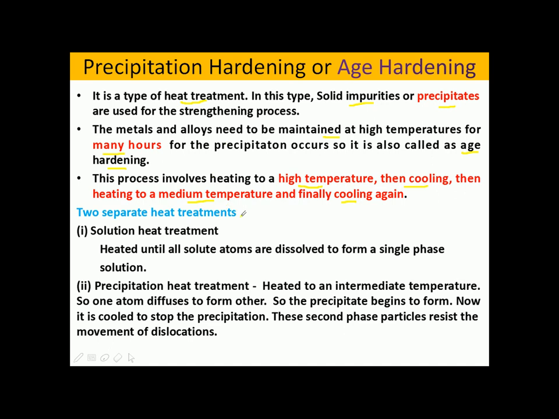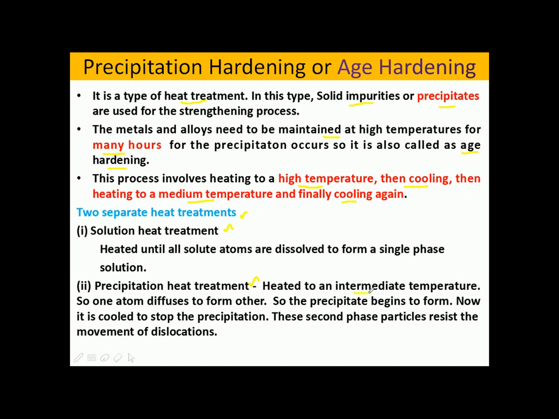There are two separate heat treatments: one is the solution heat treatment and the next is the precipitation heat treatment. In the solution heat treatment, the material is heated until all the solute atoms are dissolved and form a single phase solution.